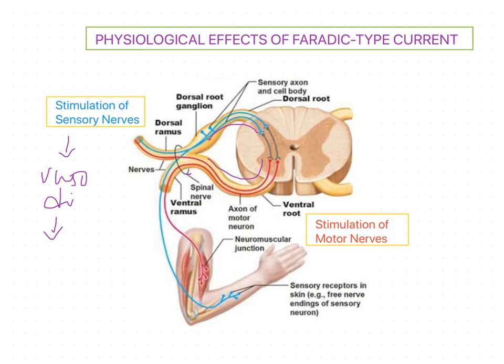Now we'll move on to the stimulation of motor nerves. A current of the Faradic type stimulates the motor nerves. So here you can see the motor nerves. If the current is of sufficient intensity, stimulation of motor nerves causes contraction of the muscles which they supply.